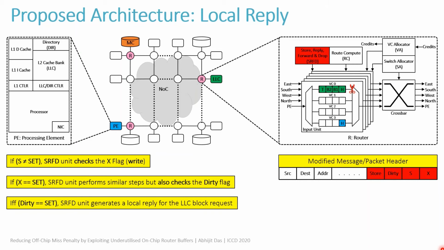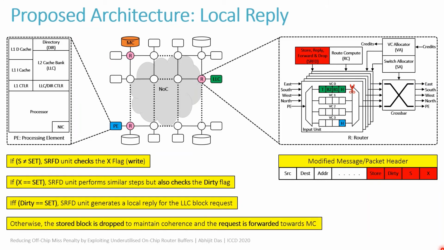If and only if the dirty flag is set for the matched stored block, we know that the block is exclusive and hence we can generate a local reply. However, if the matched block is not dirty, it is simply dropped as it need not be forwarded for write back. In this case, a local reply is not possible and hence the request is forwarded towards the memory controller.